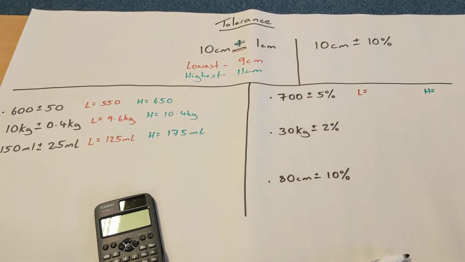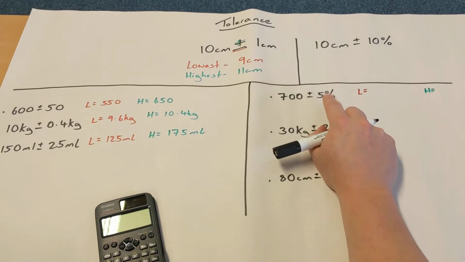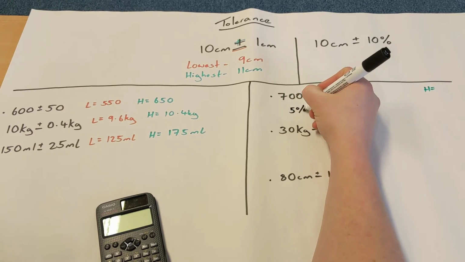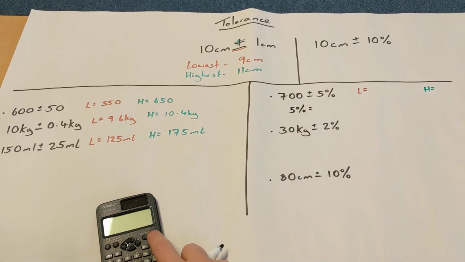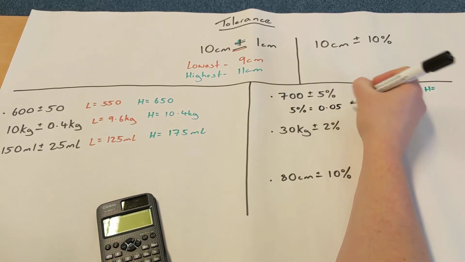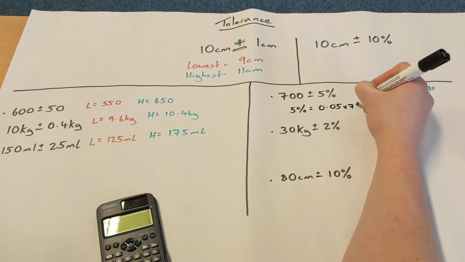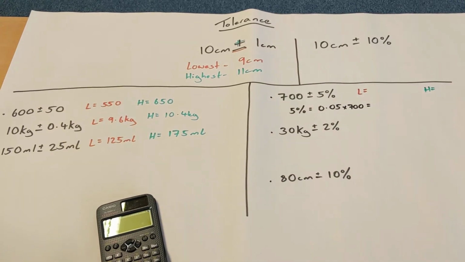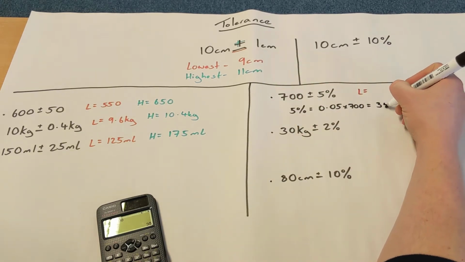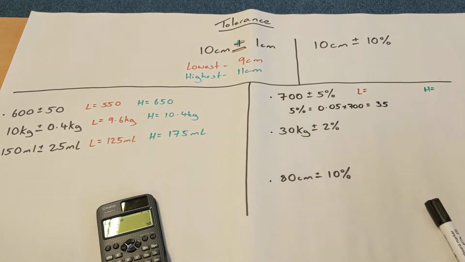But to do that, first we're going to have to work out what the 5% is. 5%, now the way I would always do this would be 5%, well that's 0.05 as a decimal, times by 700. So 0.05 times by 700 equals 35. So that means this is really 700 plus or minus 35.